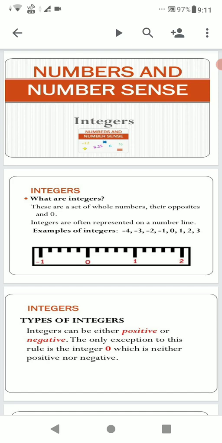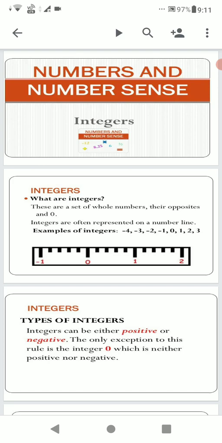Similarly, the step to the right of 0 will be represented by plus sign and to the left of 0 it will be represented by minus sign.